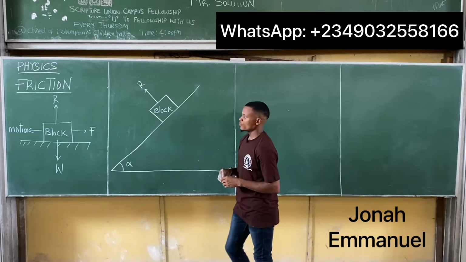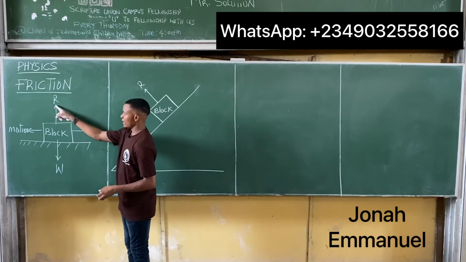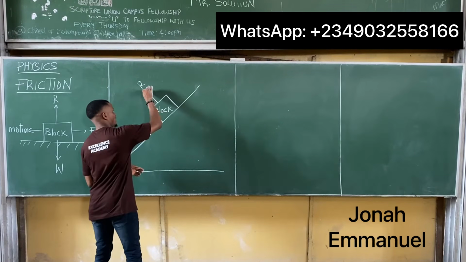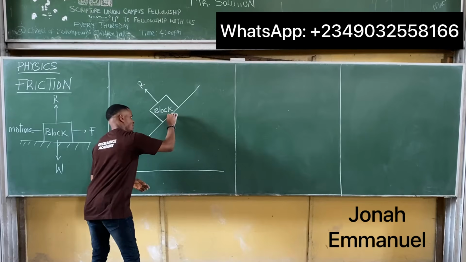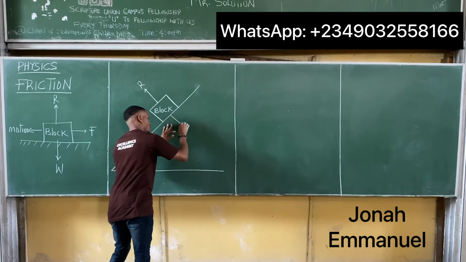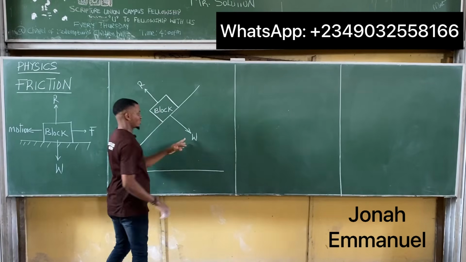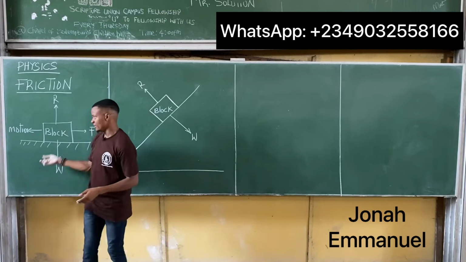Next up, you would assume that normal reaction and weight are in a straight line. That means from here, I should have taken a straight line this way. I should have my weight acting this way, W. This is what we should expect from this diagram.